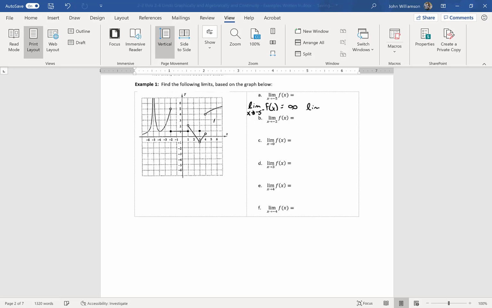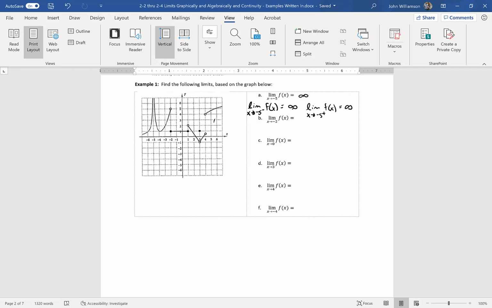Similarly, if we do the limit as x is approaching -5 from the right of the function, coming in from the right hand side, getting closer and closer to -5, it is going up to infinity as well. So because these two one-sided limits agree, we know the limit as x is approaching -5 of this function is infinity. Again, we're not saying that the limit exists, because this limit does not exist.